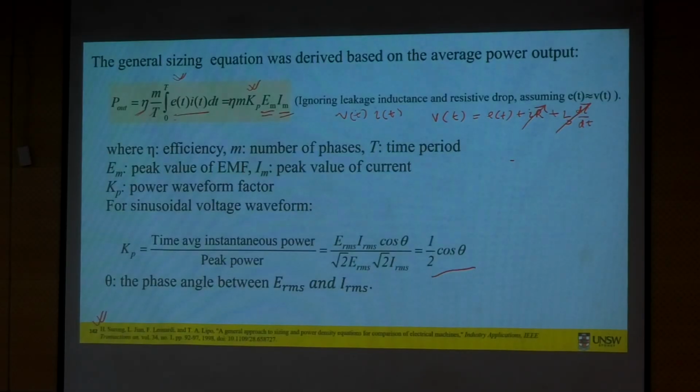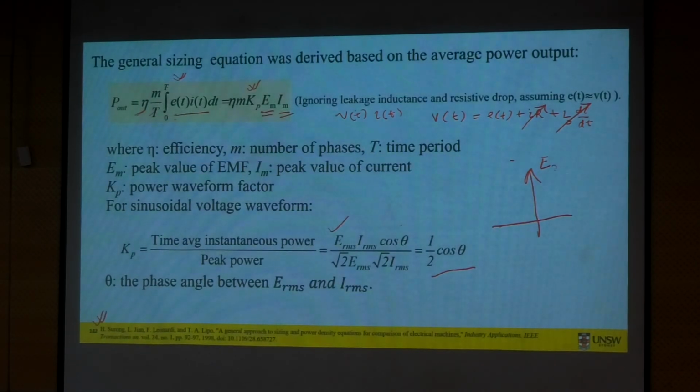If it is a sinusoidal voltage and current, it is quite a well-known factor, okay? It's simply your average instantaneous power is VRMS, IRMS, power factor, right? Cos phi. So in this case, it's the same, ERMS, IRMS, cos theta, but this theta is the angle between back EMF and current, okay? Back EMF and current.